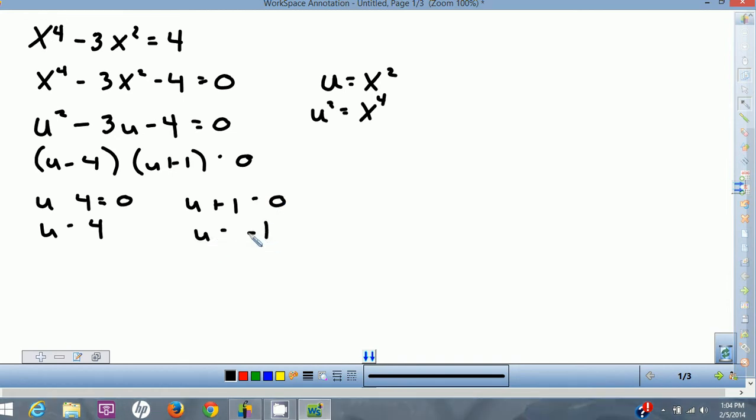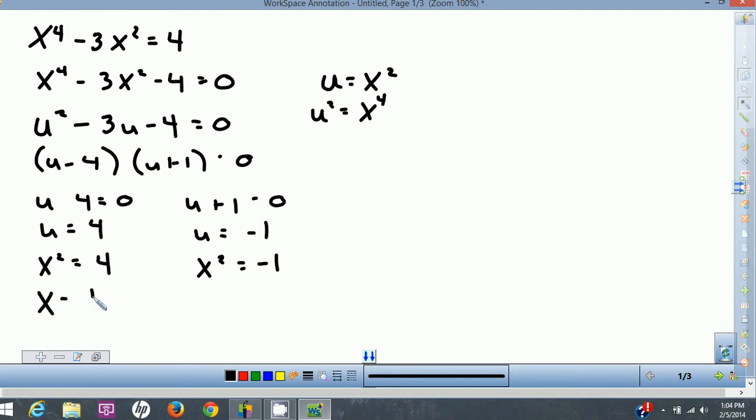Now, I'm not done, because remember, I replaced my x squared with u, so now I have to go back and undo that. I have to go back and make these u's back into x squareds. X squared is equal to 4, and x squared is equal to negative 1. So if I want to find the value of x here, I take the square root of both sides in both of those equations.